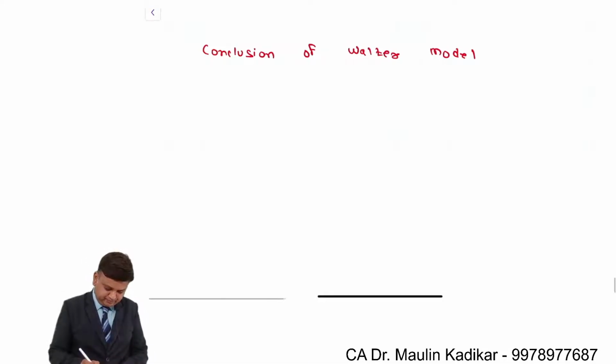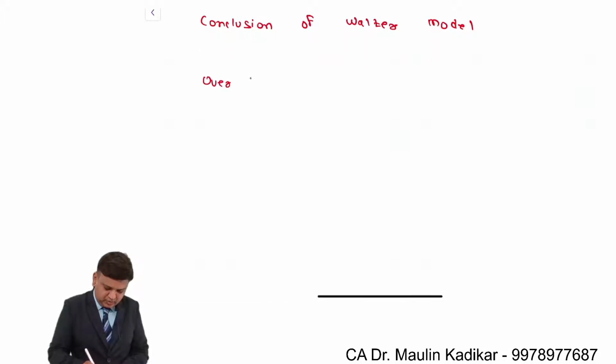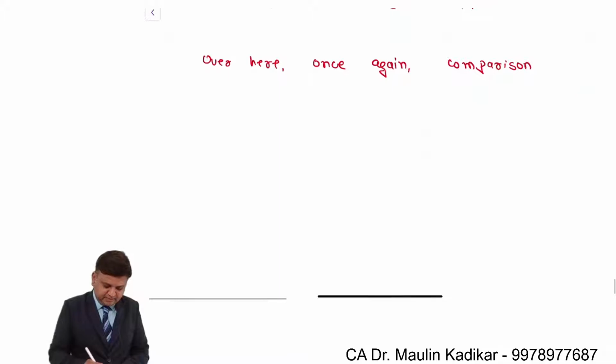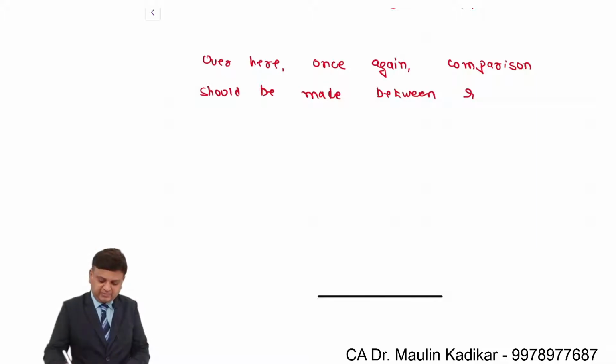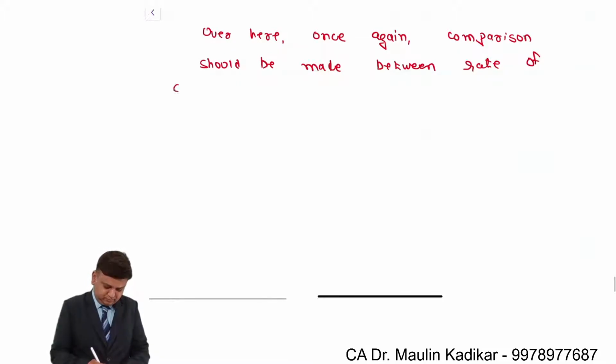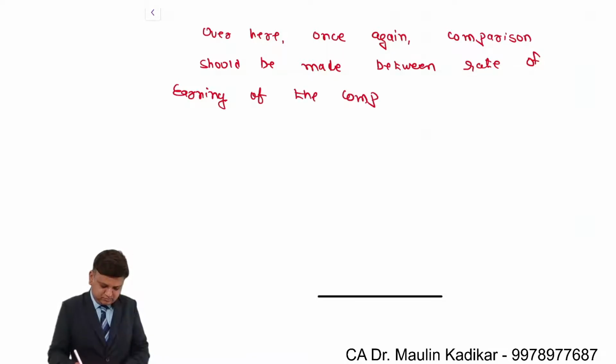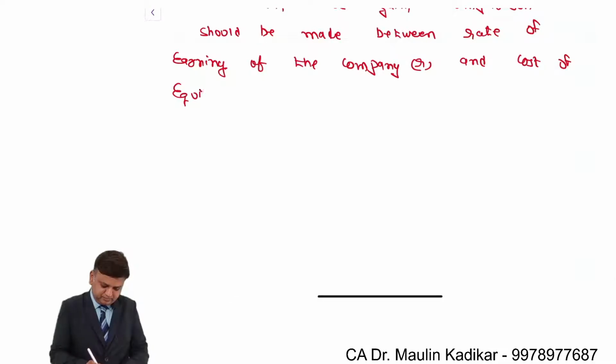In that write down, over here, once again, comparison should be made between rate of earning of the company, in bracket I'm writing R, and cost of equity, K, full stop.